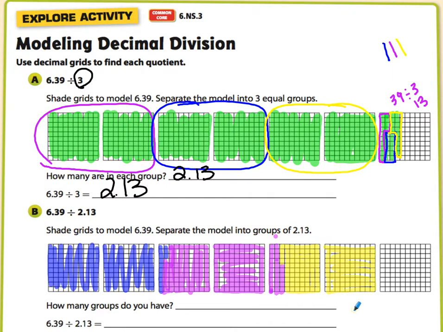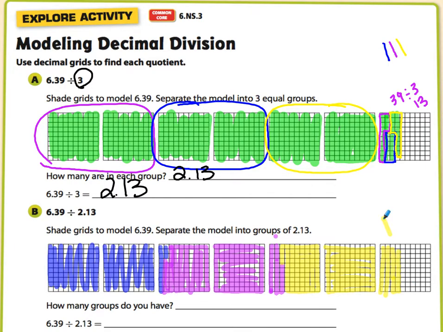And so I need 26 more, so 10, 20, 1, 2, 3, 4, 5, 6. And then I also need 13 more. So then 1, 2, 3, 4, 5, 6, 7, 8, 9, 10, 11, 12, 13.